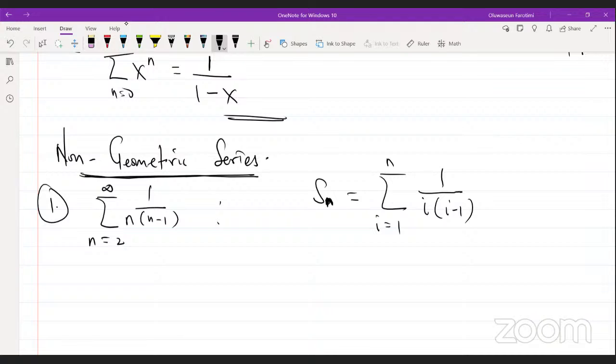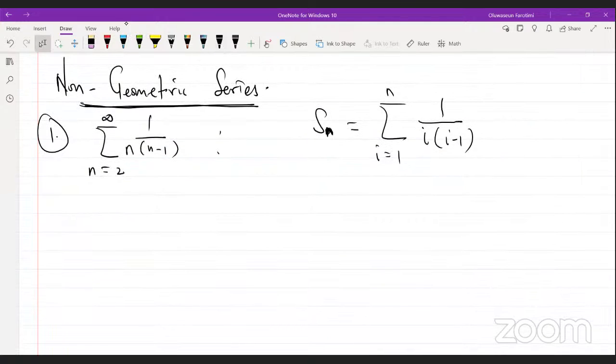Now, what do we do for this kind of non-geometric series? You have to use the idea of partial fractions, okay? Now you see that some of the things previously learned, we really need them right now. So I'm going to pick this: the sum from i equals 1 to n of 1 over i minus 1.